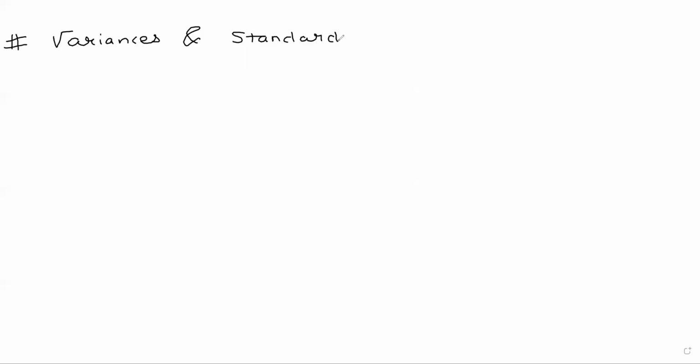If you all can recall, we had minimized summation ei square, and we had chosen b1 and b2. That was the OLS procedure which we had performed in the previous lecture of linear regression. So in this lecture we look at the variances and standard errors of the OLS estimators.